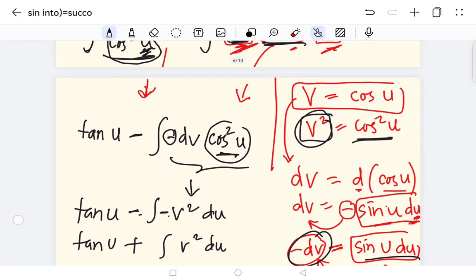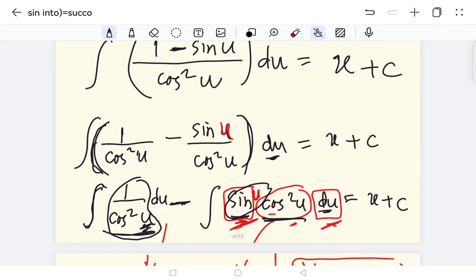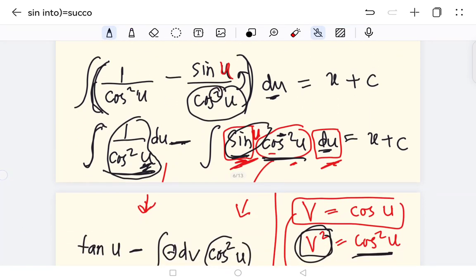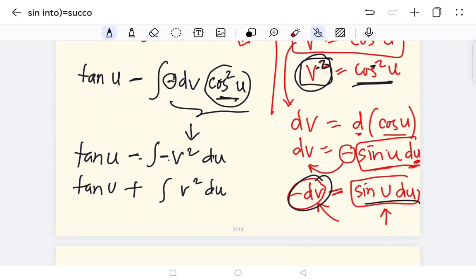Oops, sorry. Let's check again. There's something wrong. Oh, I brought this to the top, so the power must be changed, this negative, because this is positive. So if negative 1, so negative 1. This is negative 2, this is negative 2. Okay, so negative.